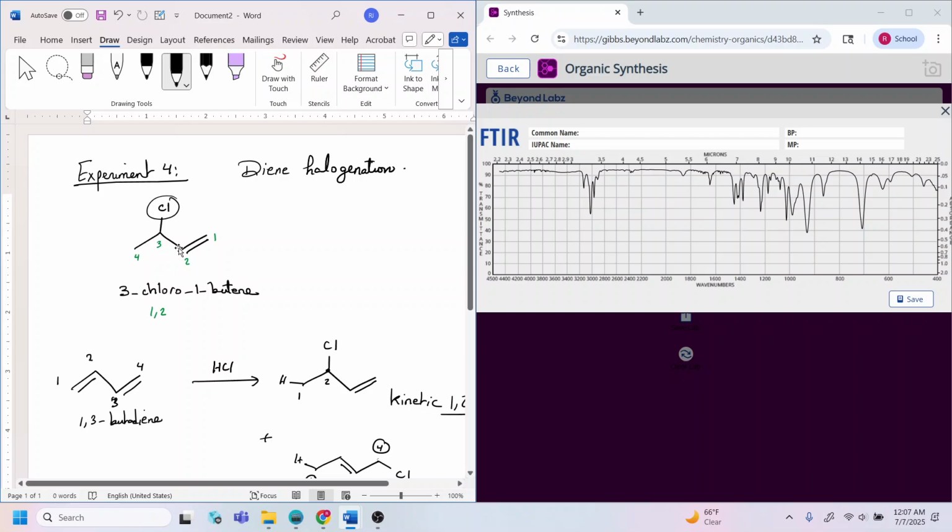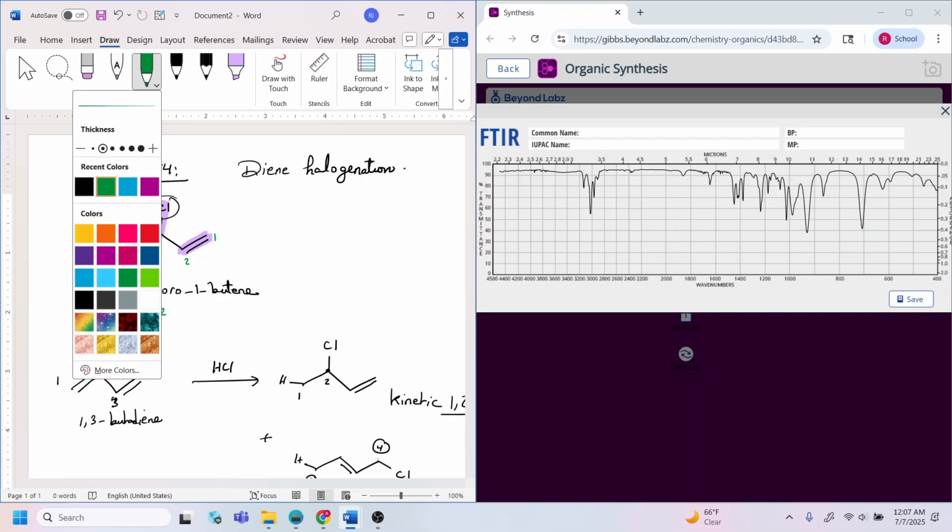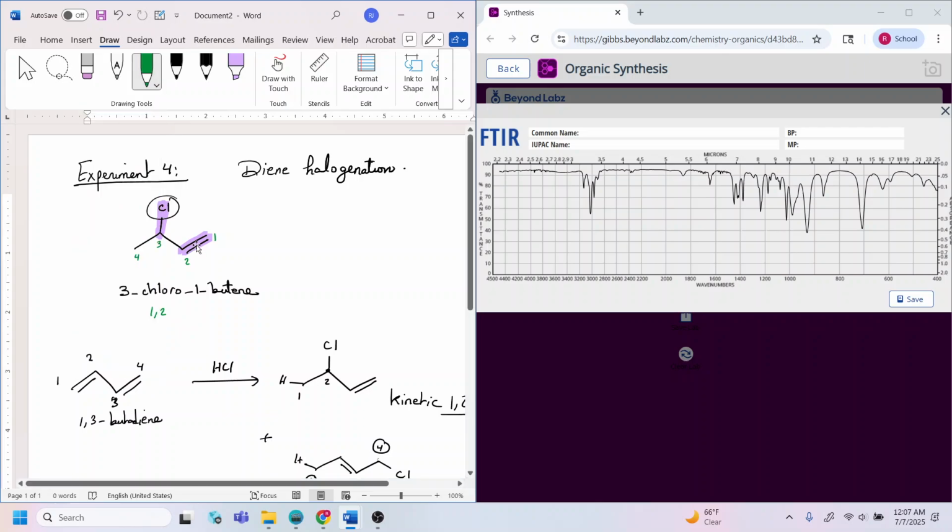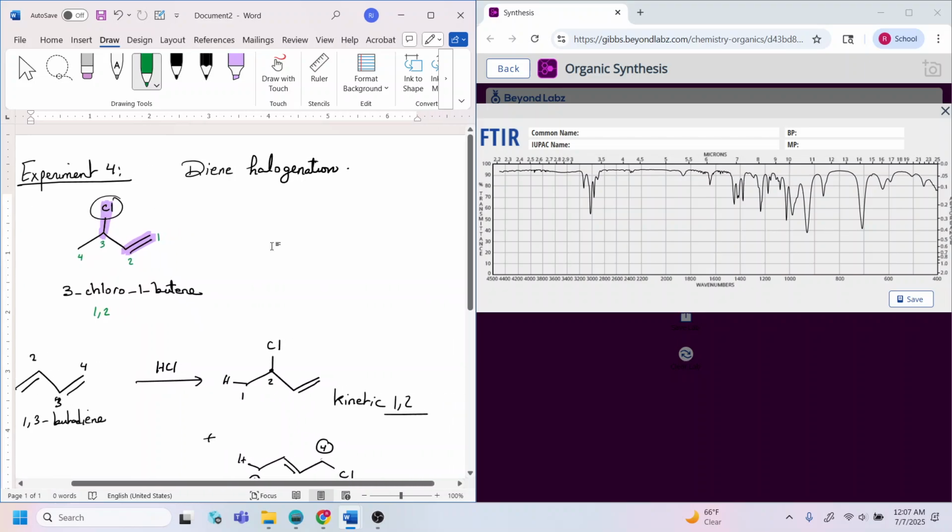Because it is an alkyl halide, there are certain vibrations that we would need to look for, and the vibrations are the C double bond C and the C-Cl. These are the two vibrations that we are looking at. So the C double bond C is going to appear at a higher wave number than the C-Cl. Use your IR table, you guys.